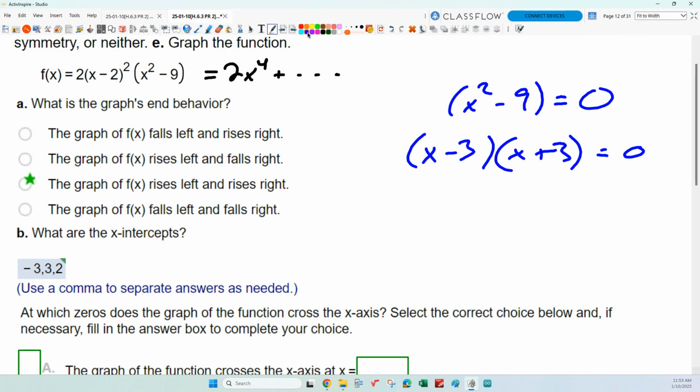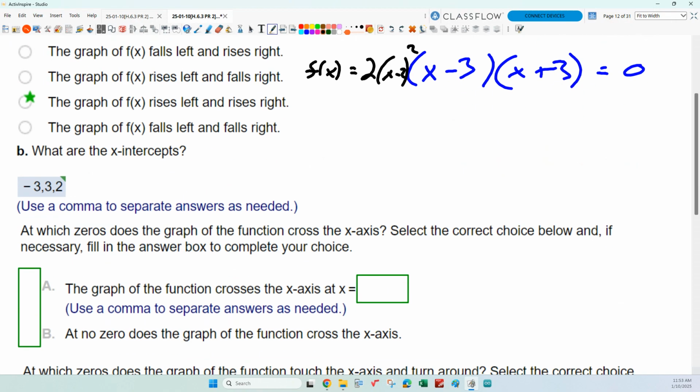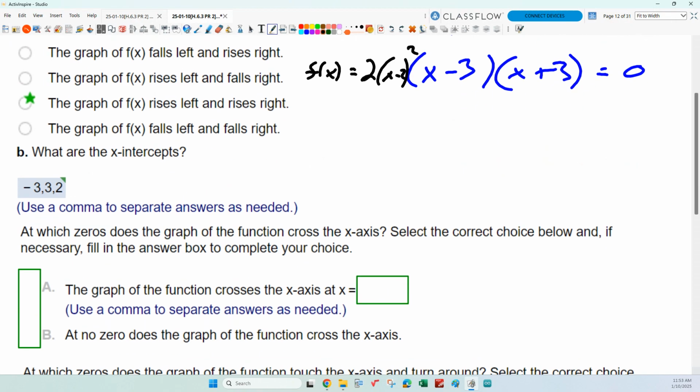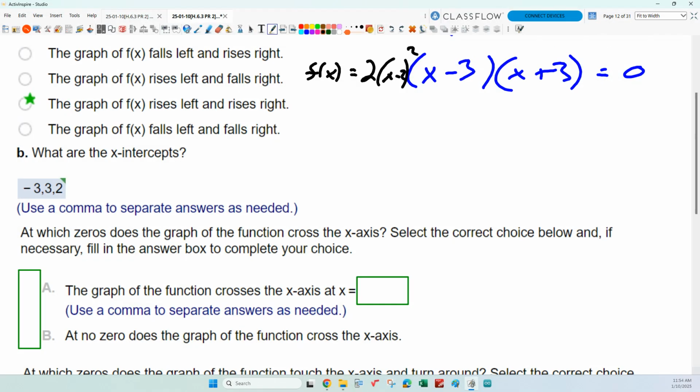So now that gives us, if we factored it like that, f of x equals 2 times x minus 2 squared times x minus 3 times x plus 3. Is that easier to see where the x-intercepts are? That gives us 3 x-intercepts. What values of x does it cut through the x-axis at? 3 and negative 3, yep.